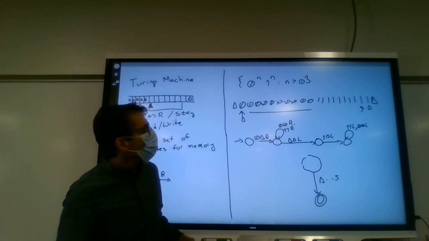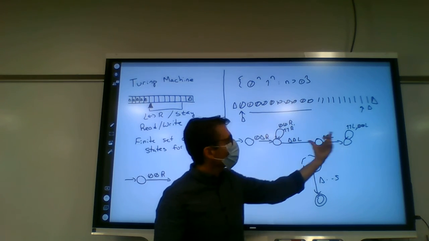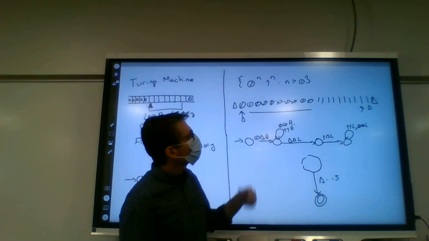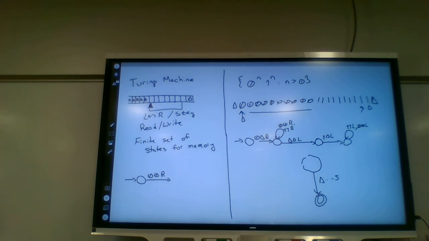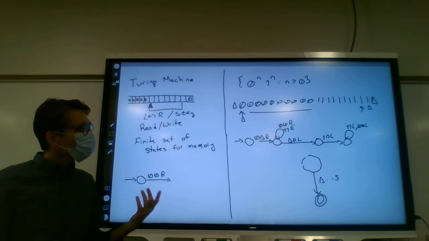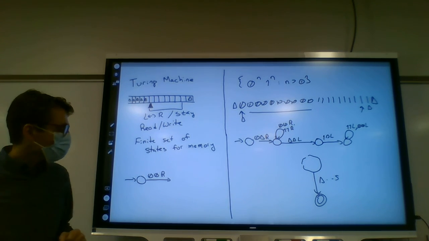So what's the idea here? As we move back and forth, we are, in this particular case, marking off the matching pieces, and if they end up matching, then we accept, and if they end up not matching, we don't accept.